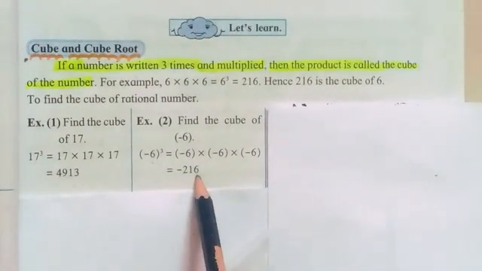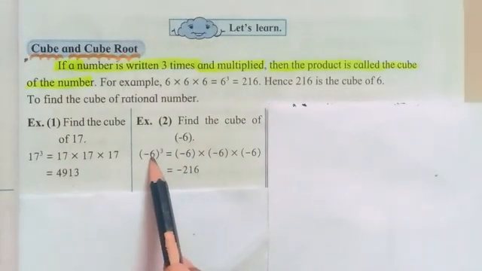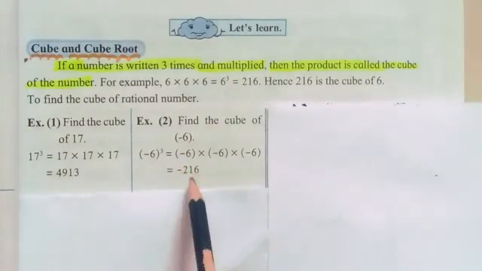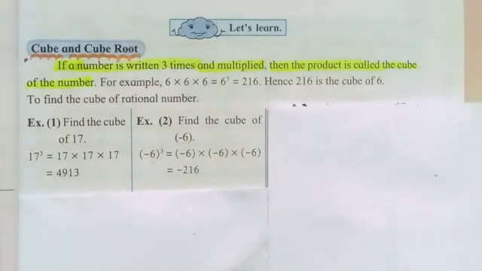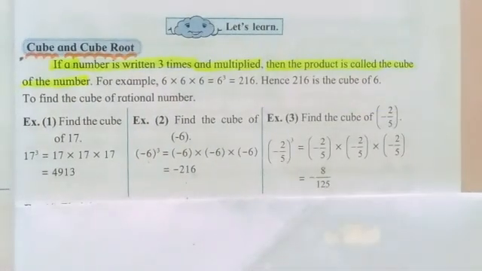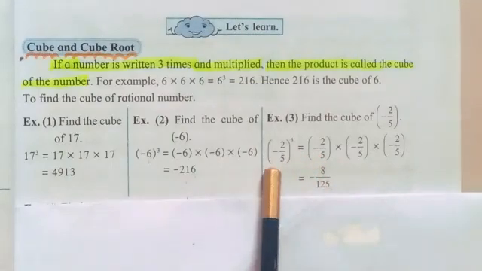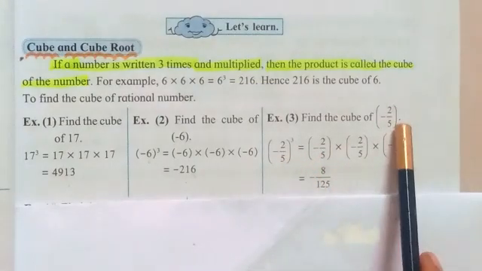The answer is 216 as we have studied earlier. But here the number is negative. That's why its cube is also negative. So the cube of negative 6 is negative 216. Now let's see the third example from the rational numbers. The number is negative 2 upon 5.